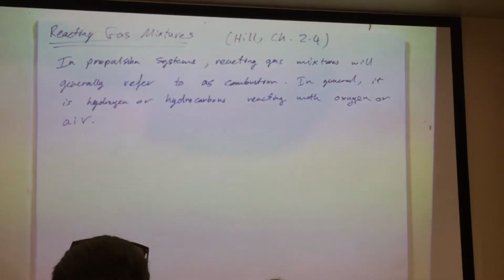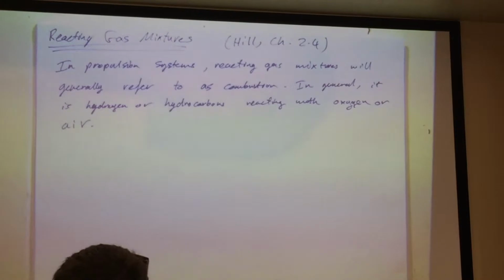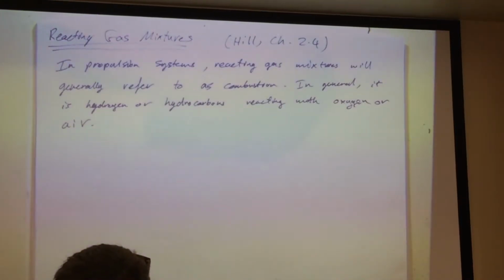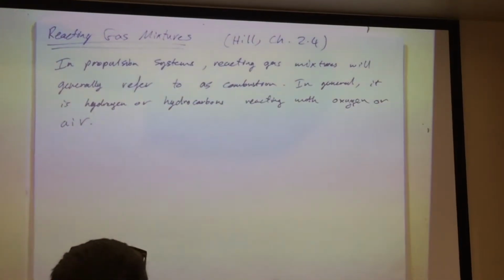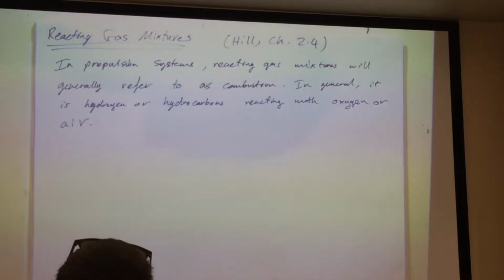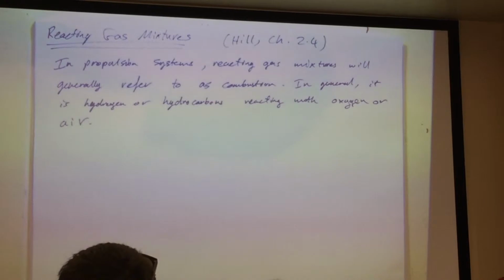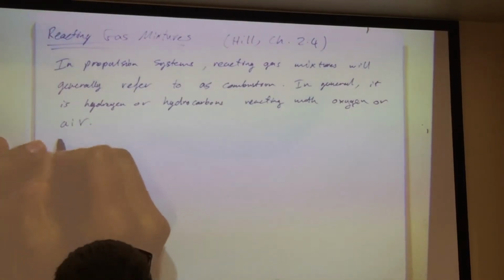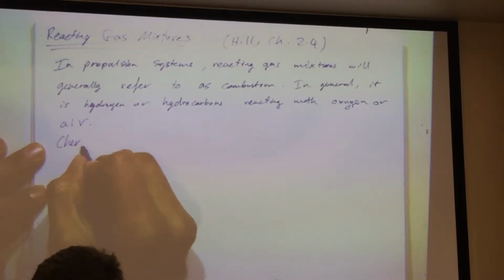I don't need to be extensively in-depth with the chemistry. All I need to know is I got a reactant mixture and I got a product. And the reactant mixture is composed of hydrogen, hydrocarbon with some air or oxygen. So I could say chemical reactions in general.